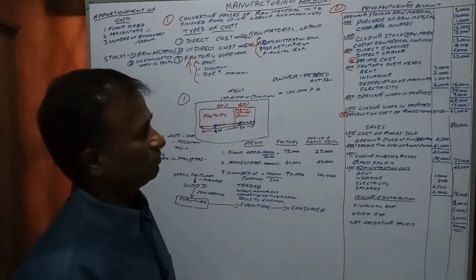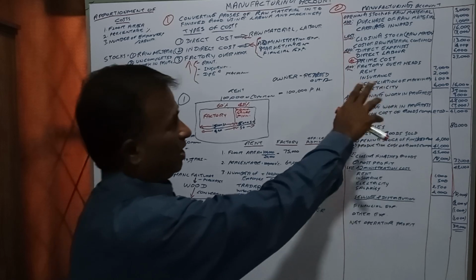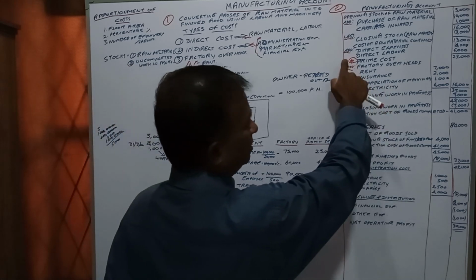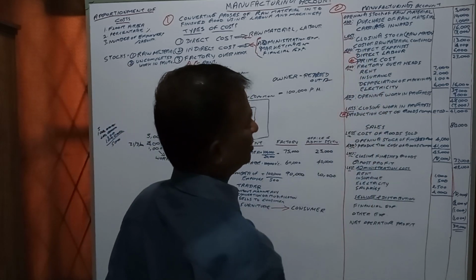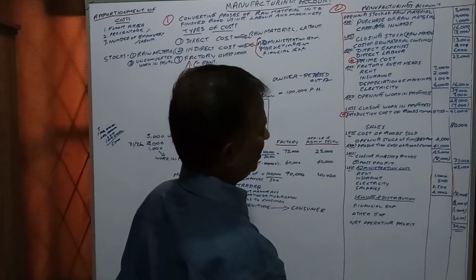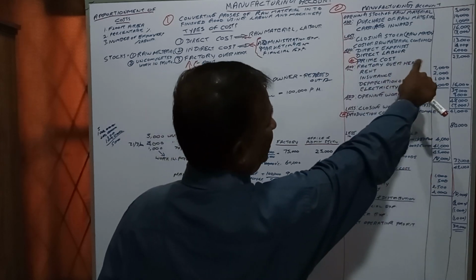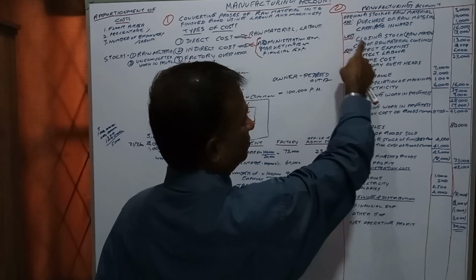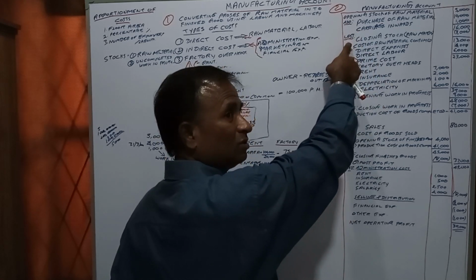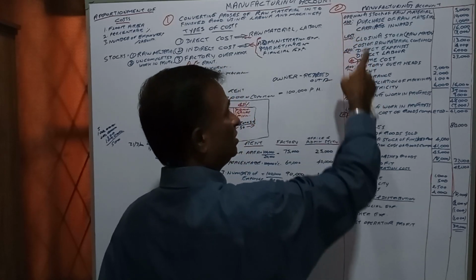That is 41,000. There are three factors involved in arriving at prime cost, right? One is cost of material consumed. Cost of material consumed is also important.